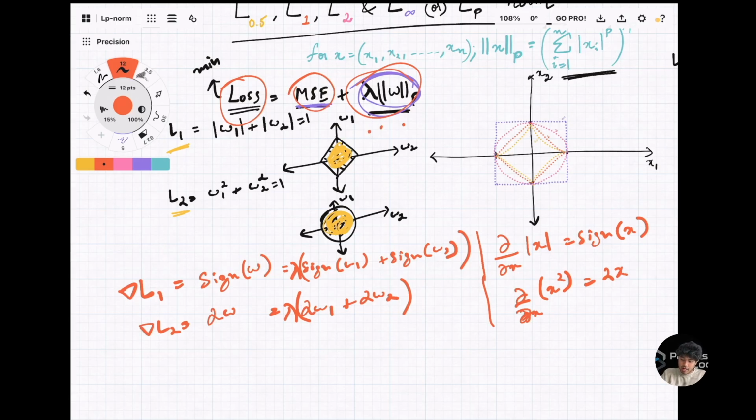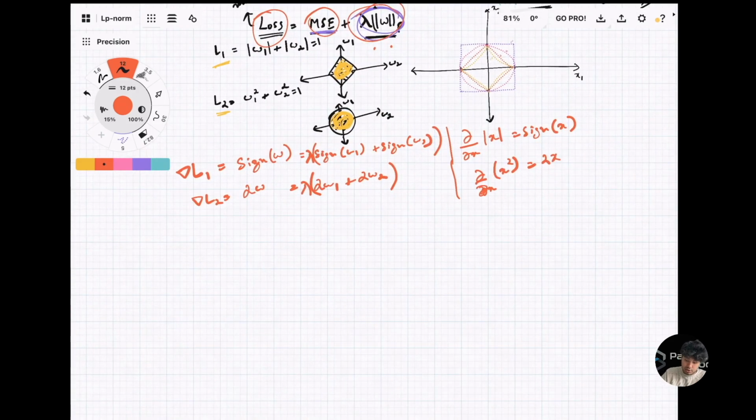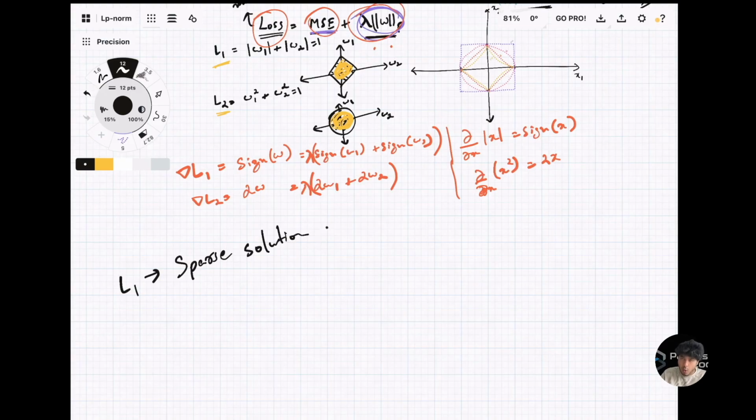And when we keep trying this, what we notice generally in machine learning is that L1 leads to sparse solutions. What does that mean? That means generally one or multiple parameters would be set to zero. That is, the loss function most likely would intersect either here or here or here or here.